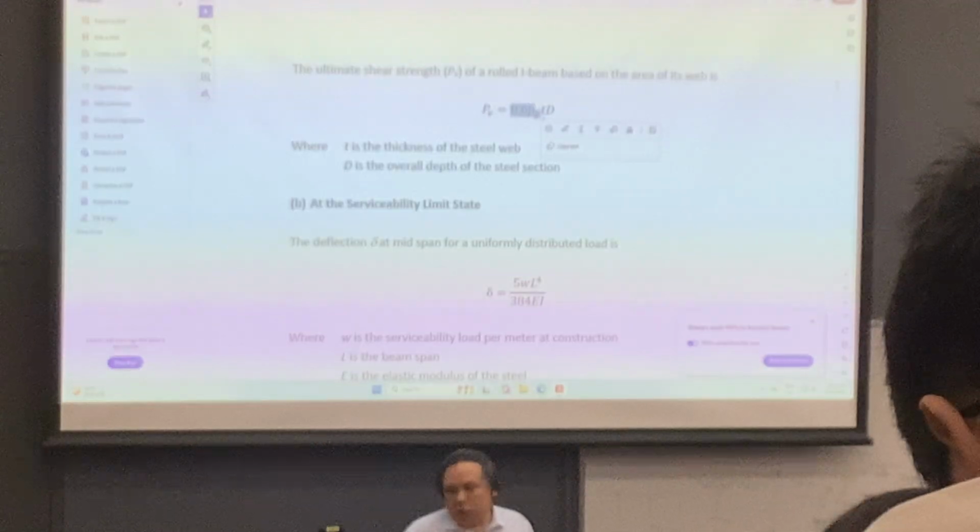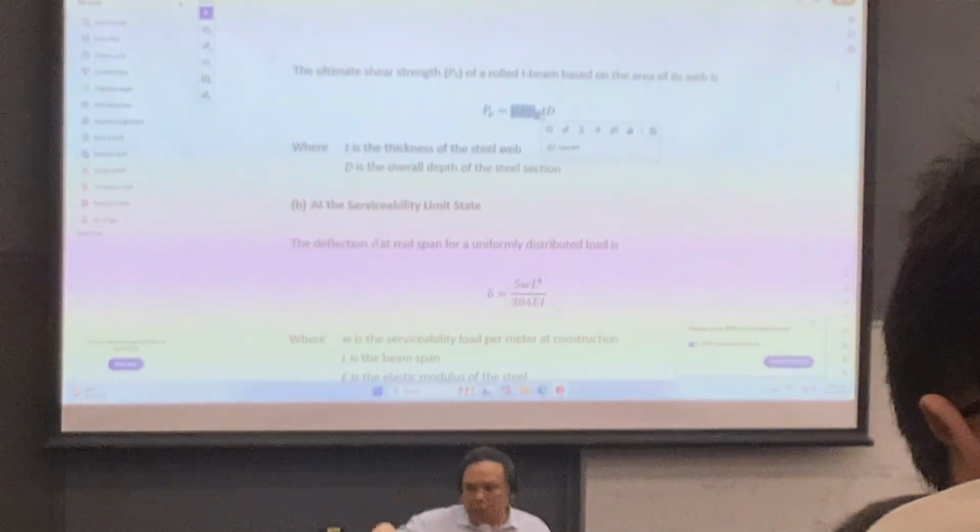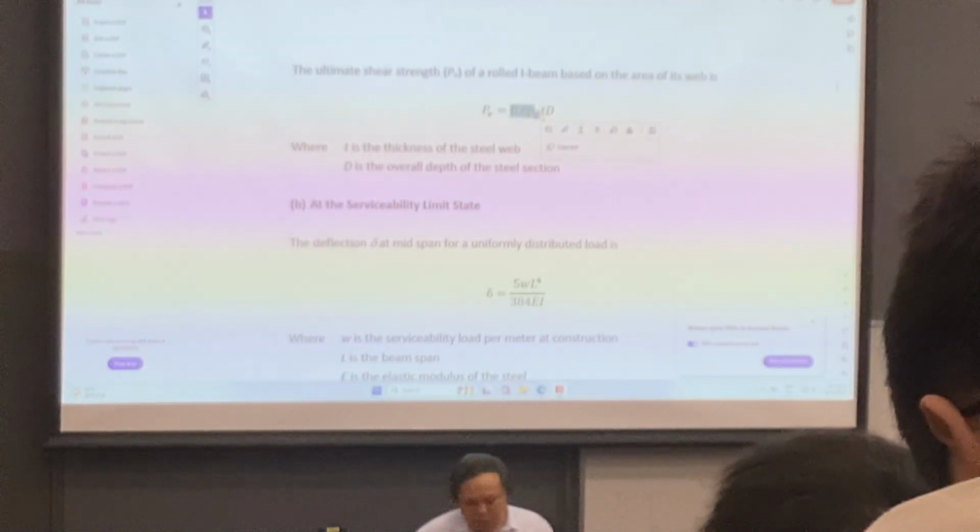And then usually for the steel beam, we just take the T and D as the shear section.